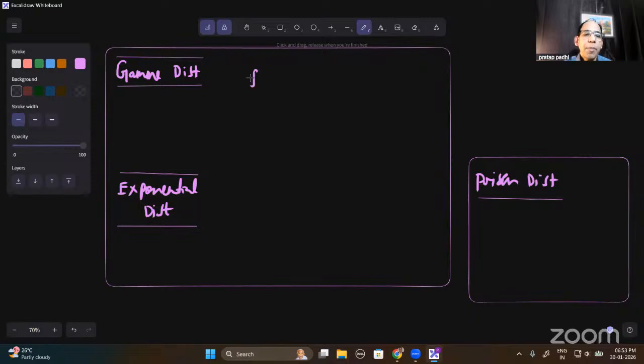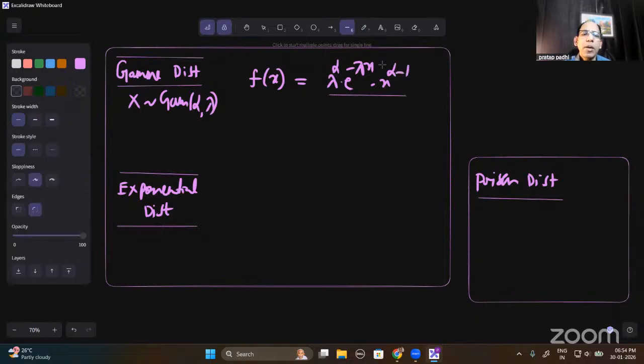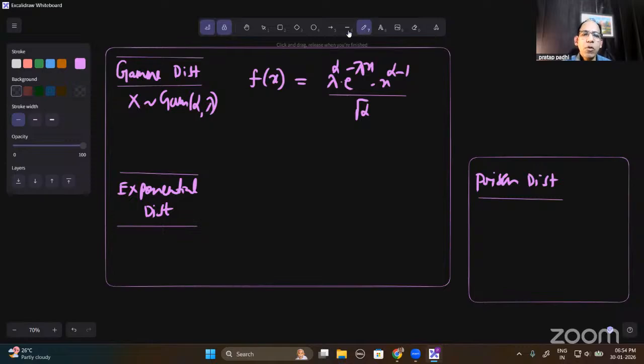Here, f of x, two parameters, we write like this: gamma(alpha, lambda), lambda e minus lambda x, x power alpha minus 1 divided by gamma alpha. This we know. Now, you can get chi-square also, Erlang distribution also from here, but I'm not going to those now.